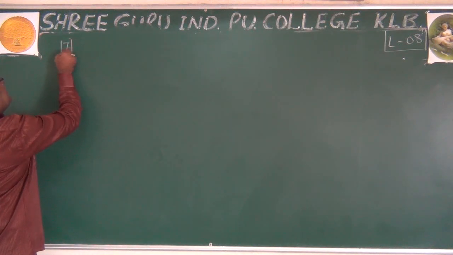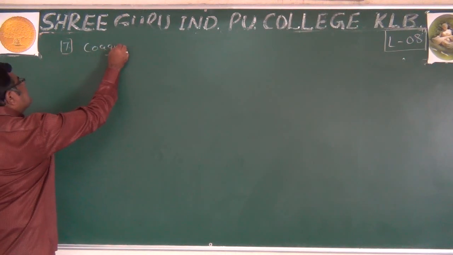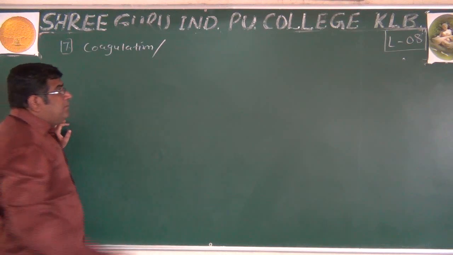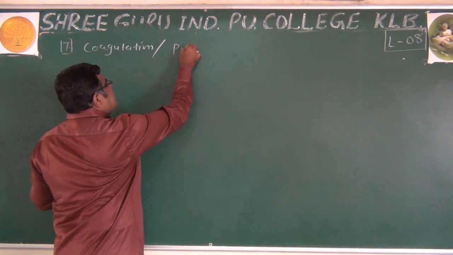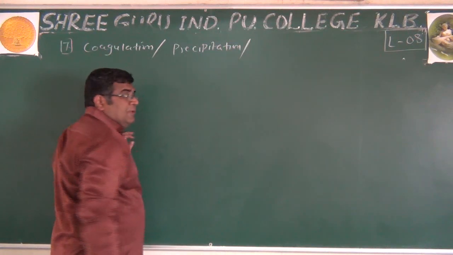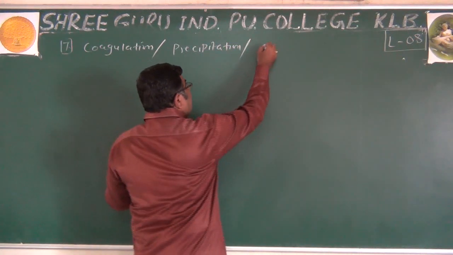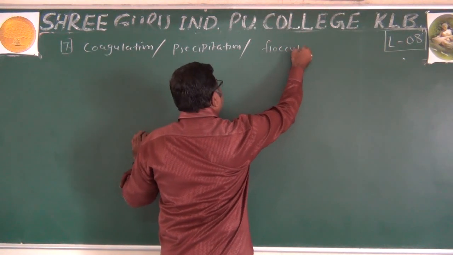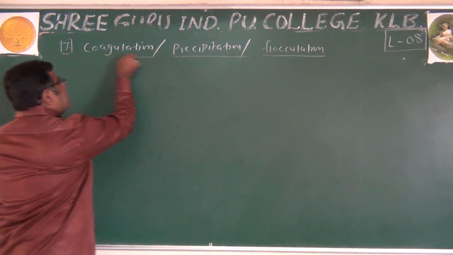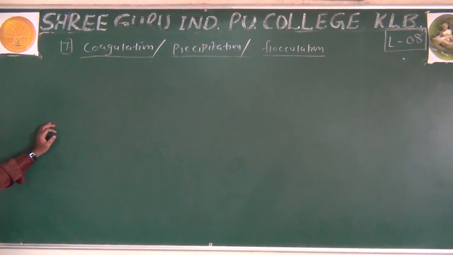So the seventh is coagulation, also called precipitation, settling down, also called flocculation. These are the three words we are using for this property.